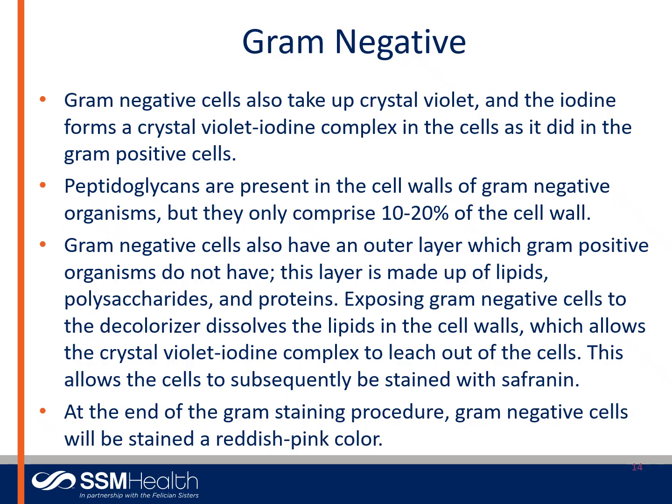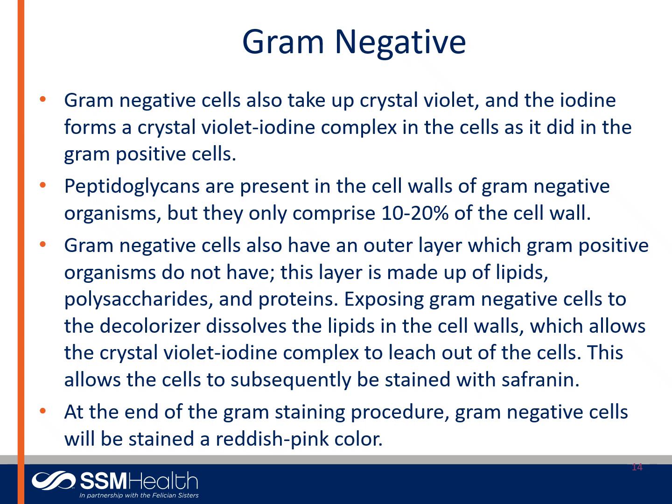So only 10 to 20% of the cell wall. Gram-negative cells have an outer layer, an outer cell membrane, which the gram-positive organisms don't have. And this layer is made up of lipids or fats, polysaccharides, and proteins.